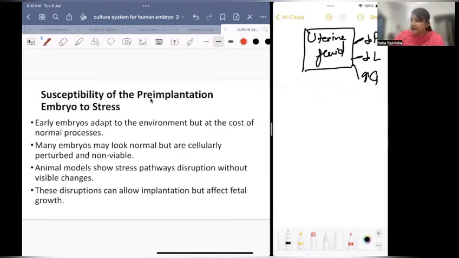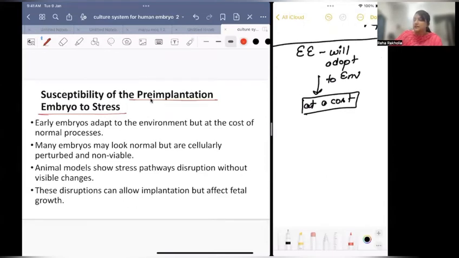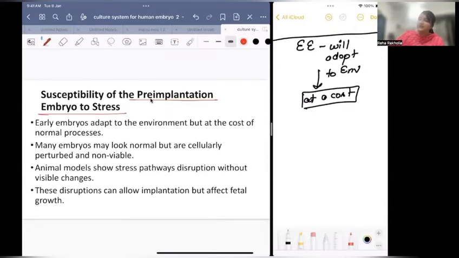Then, susceptibility of the pre-implantation embryo to stress. First, the early embryo will adapt to the environment, but at a cost, because stress pathway disruption affects fetal growth.